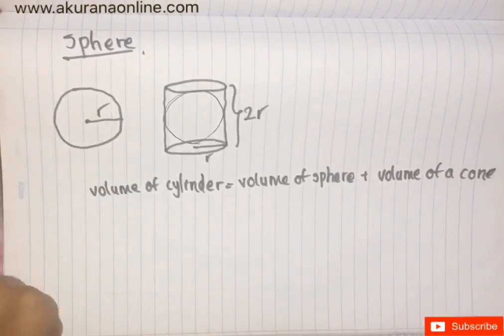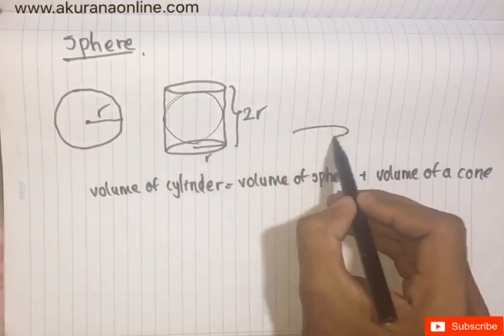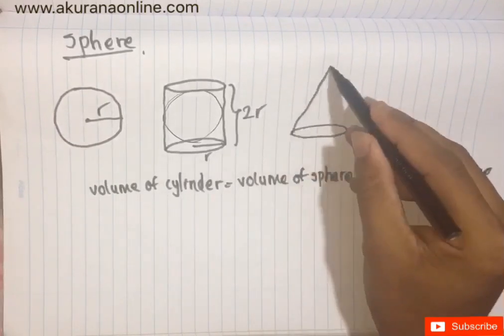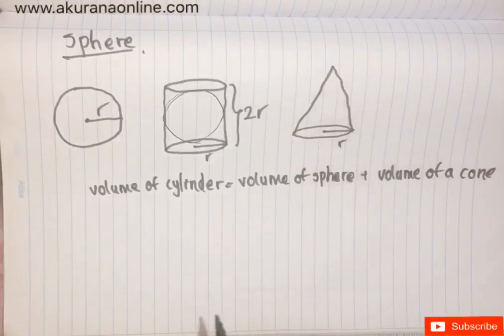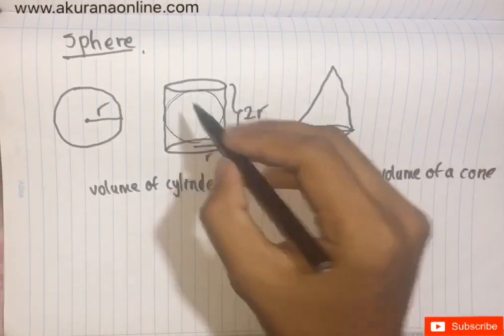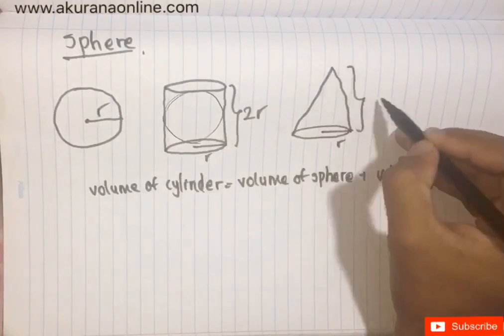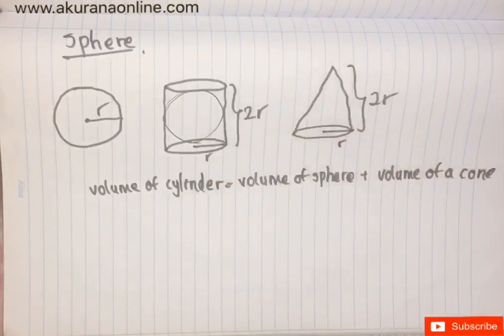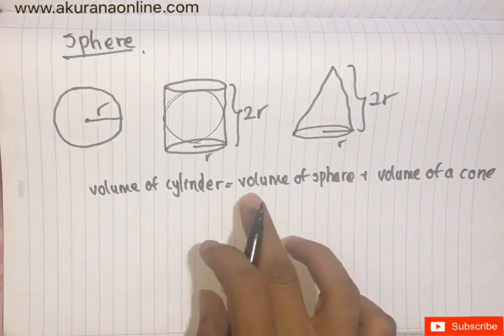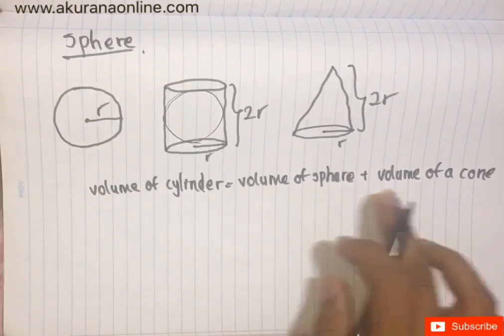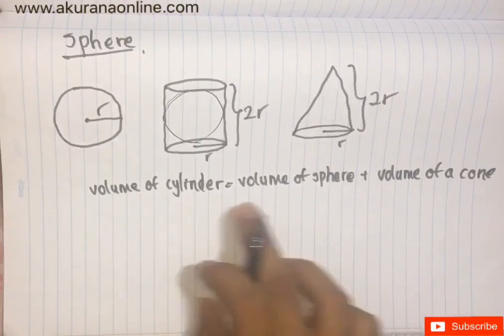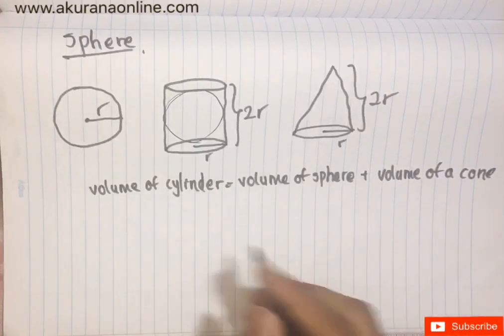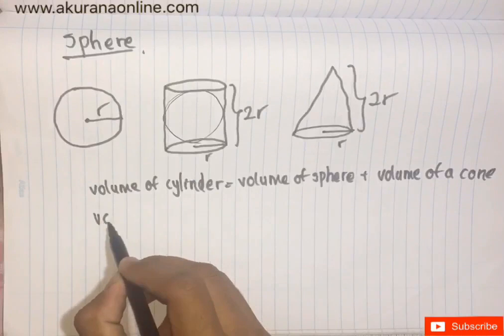Now you have to draw a cone also. Okay, I'll draw that part also. The radius should be the same radius. And what should be the height? The same height we are considering here, 2r, the same height as the cylinder. Understand? Now from here we will make this the subject, and since we know the equations for the volume of a cone and a cylinder, you can find the equation for the volume of a sphere.